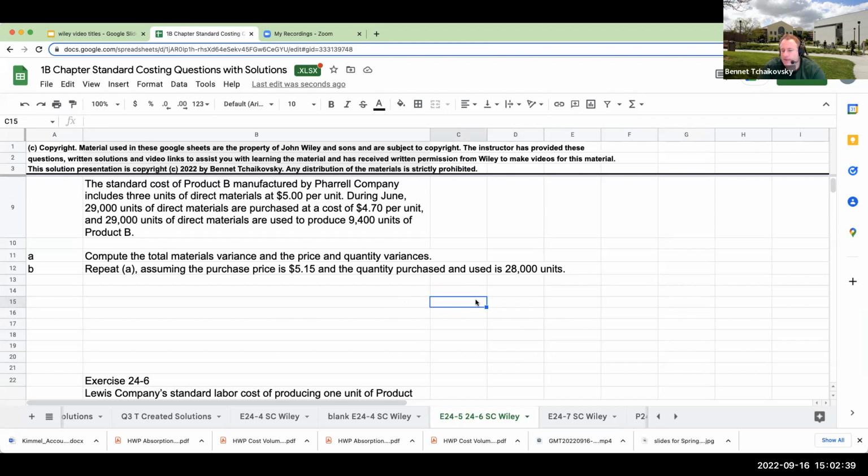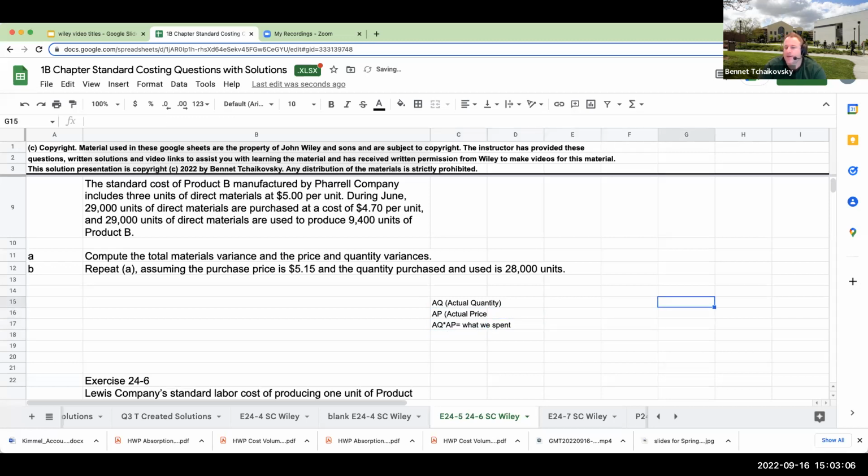The way we're going to do this for direct materials is we're going to take our actual quantity times the actual price. The actual quantity times the actual price is going to give me what we spent.